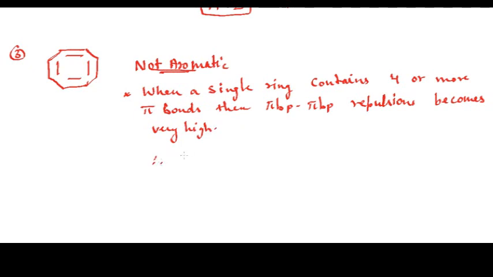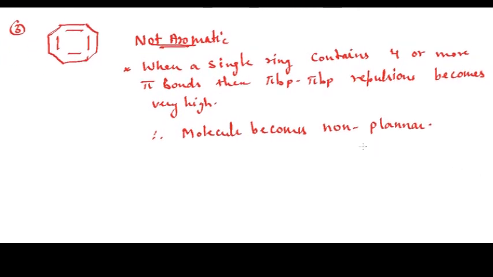Therefore the molecule becomes non-planar. And since it becomes non-planar, it will not be aromatic. Let us understand how this molecule converts into a non-planar shape. So this is the actual scenario. Now this molecule folds above along these lines.